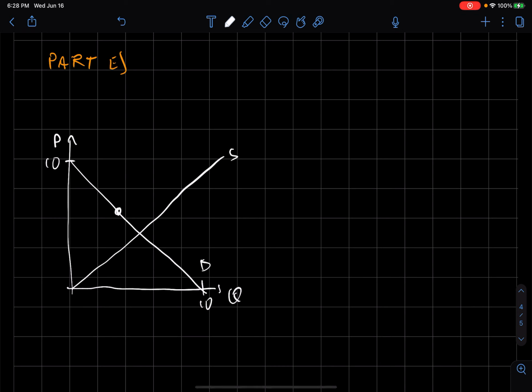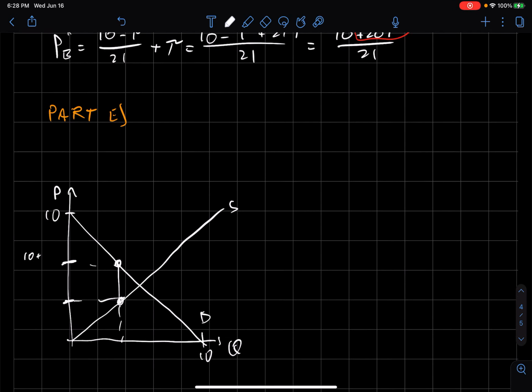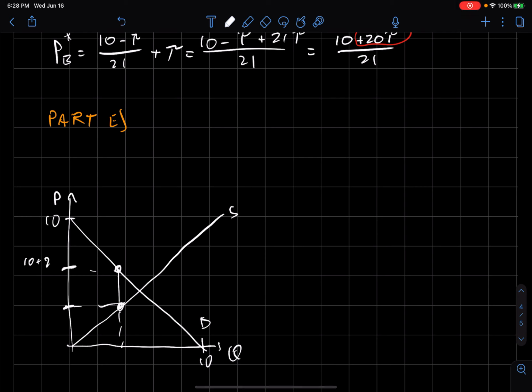And now we've wedged the supply and the demand curves. So we have the price for the buyer equal to 10 plus 20 tau over 21, and we have 10 minus tau over 21.